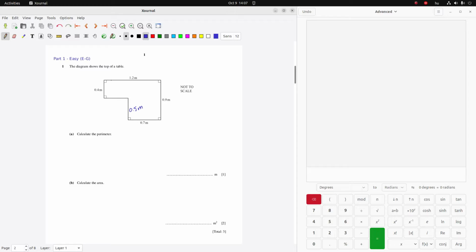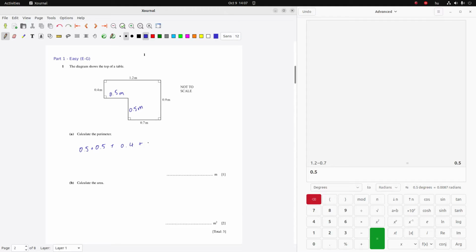And then we have this distance, which is 1.2 minus 0.7, also equal to 0.5 meters.